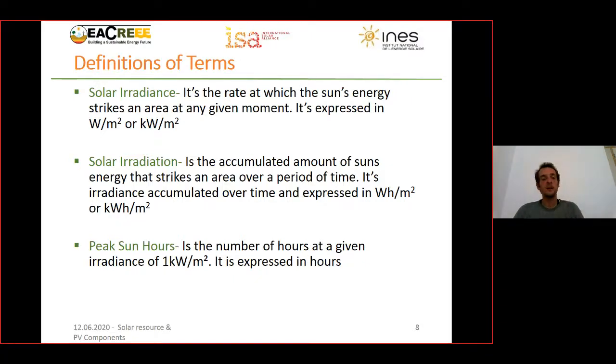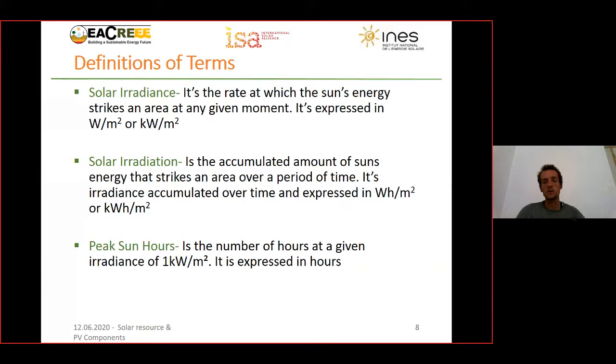Last term, and it's a term that is very often used for off-grid system, is what we call peak sun hours. And peak sun hours are actually the number of hours at a given irradiance. So for instance, if we take solar irradiance of 1 kilowatt per square meters, we can say that if we have a solar energy of 2 kilowatt hour per square meters, it means that we have 2 peak sun hours, and each hour at a given kilowatt per square meters.